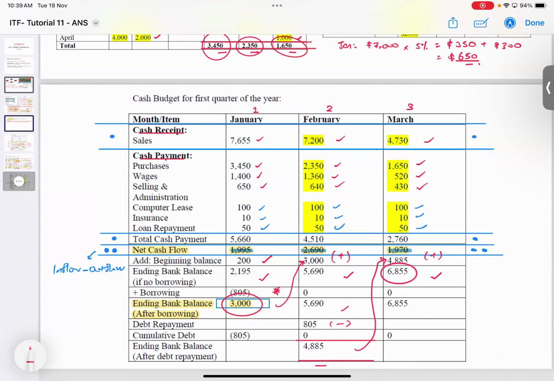The ending bank balance in March. You can put a color here as well for this row, the ending balance. This will be your ending balance.